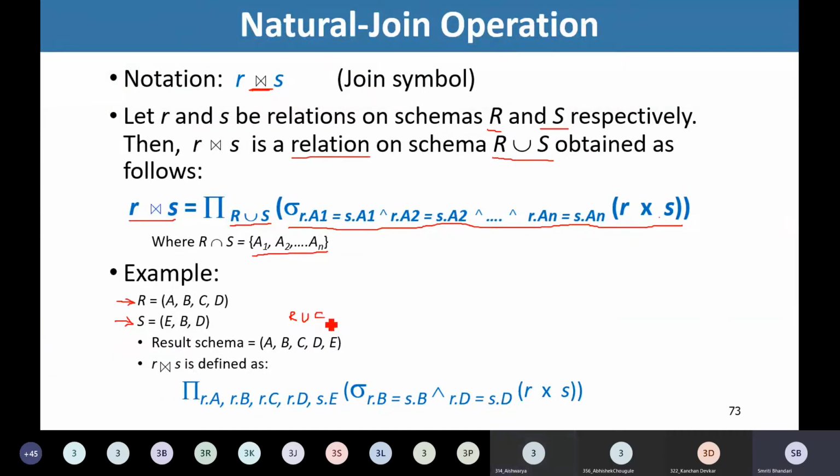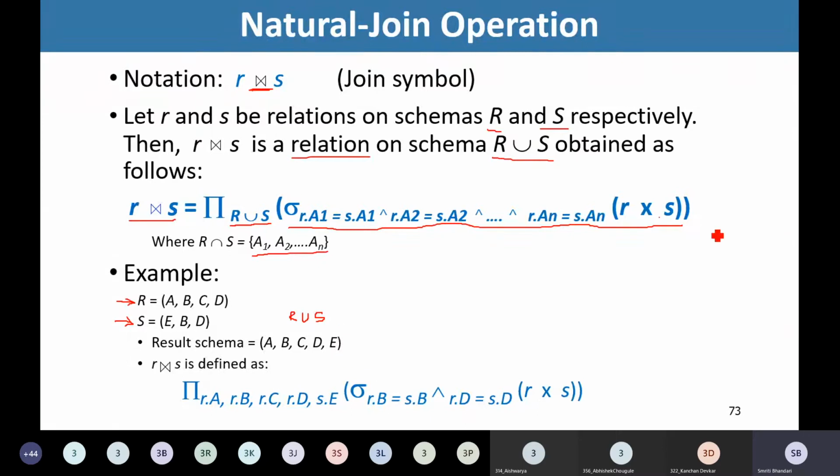A, B, C, D, E. Yes. So my natural join relation will have this schema defined as A, B, C, D, E. That is R union S.